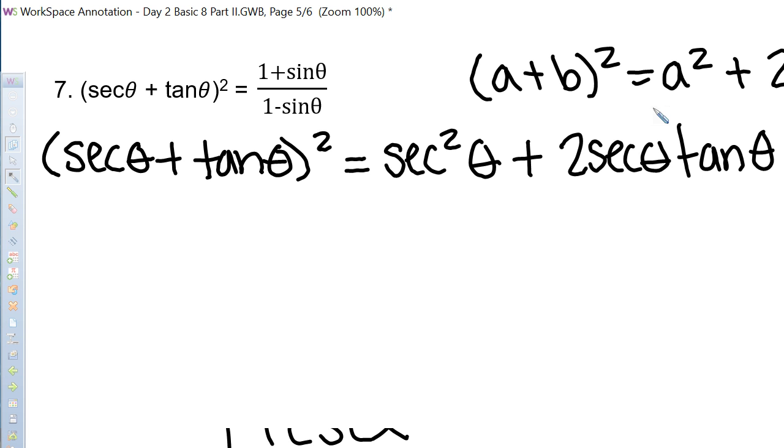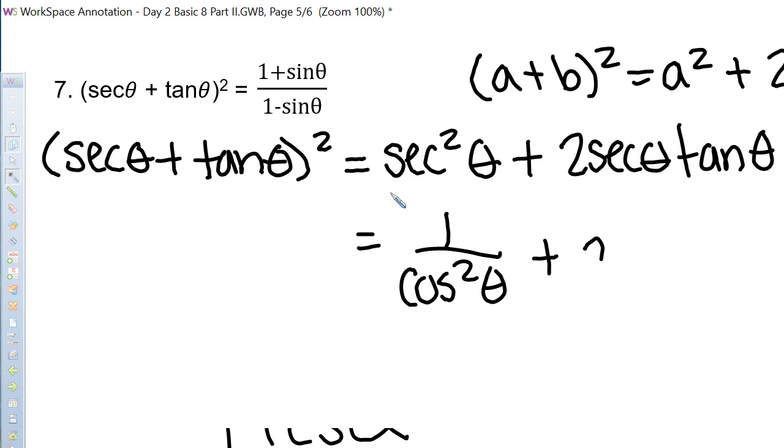So instead of secant squared, I could change that to what? 1 over cosine squared. I'll make this 2 over 1. Instead of secant, I could change that to 1 over cosine.